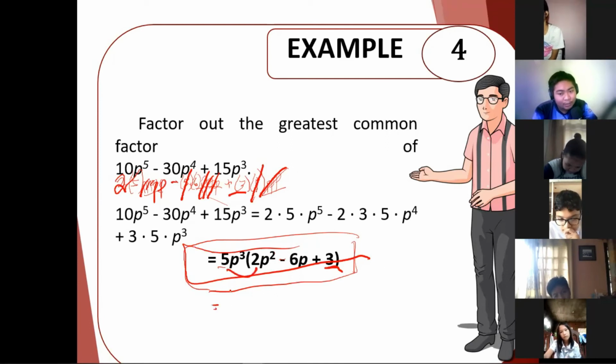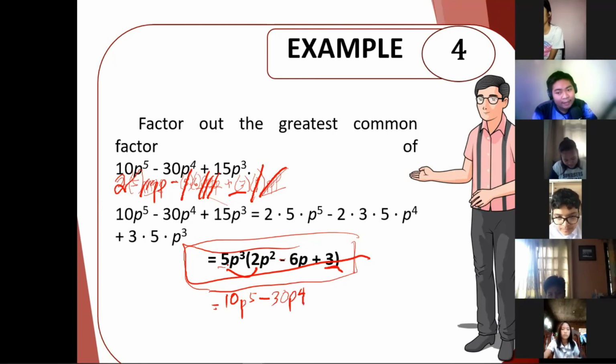That would be equal to 5 times 2, 10. P cubed times p squared, p raised to 5. 5 times negative 6, that would be negative 30. P cubed times p, that would be p raised to 4. 5 times 3, that would be positive 15. P cubed times nothing, that would be p cubed.